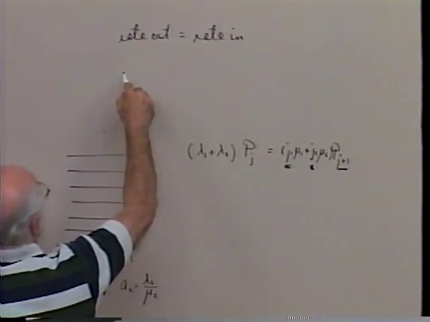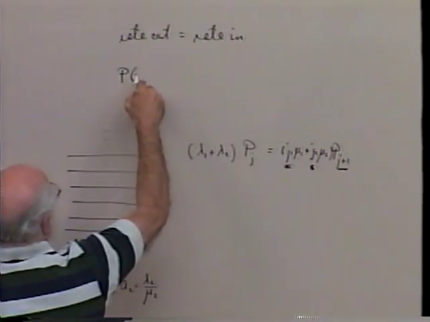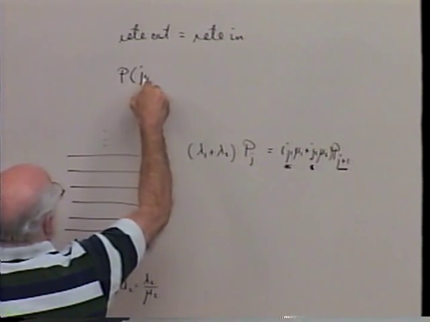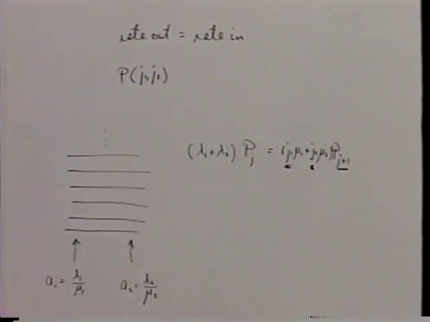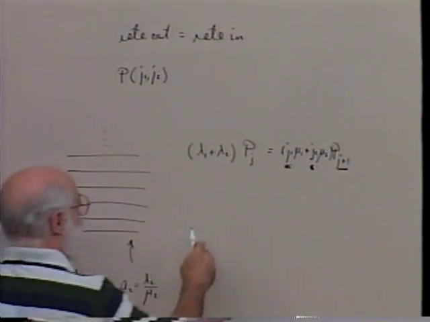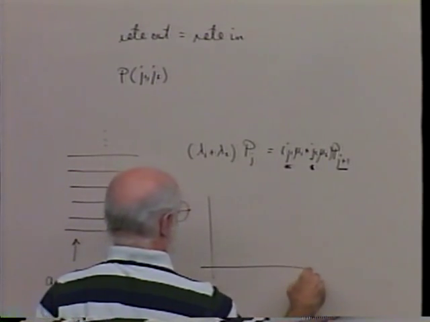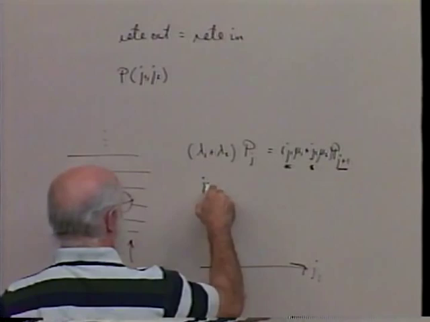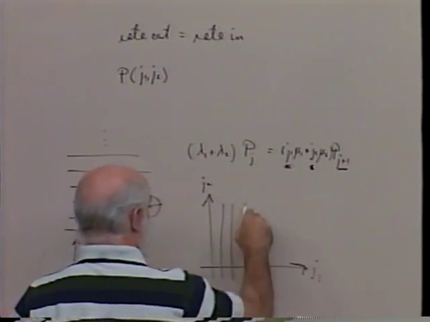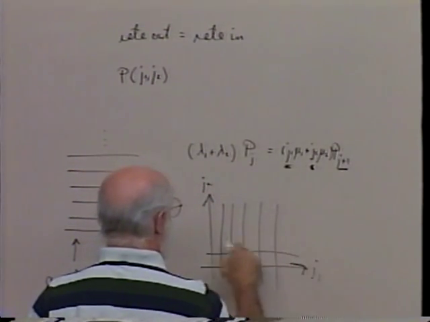Now I'll represent the state of the system by two variables, J1 and J2, where J1 is the number of customers from stream 1 and J2 is the number of customers from stream 2. And then I'll imagine that I have a grid like this. Let's say that this is J1 and this is J2, and here are the points on the grid. Every cross point represents a state.